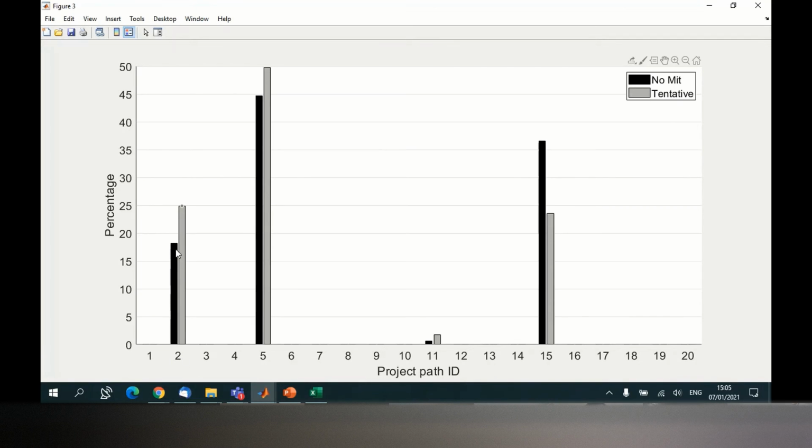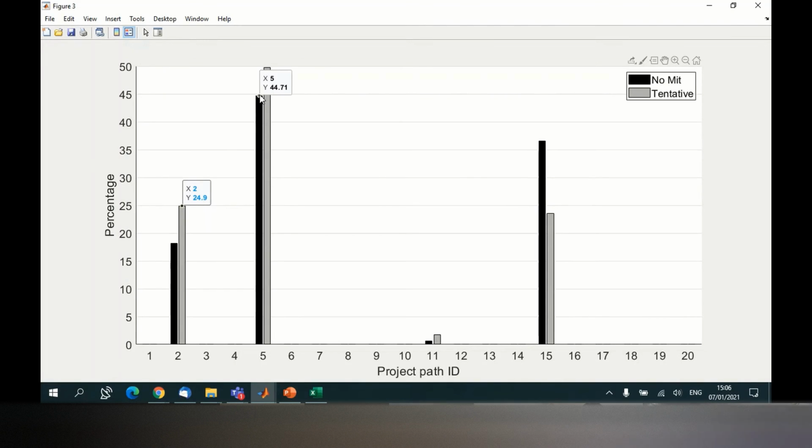Number 2 was critical in, well, 18% of times without mitigation. With mitigation it was critical in 25% of times. So path number 5 was the most critical path because it happened to be critical 50% of the time with mitigation, because we have two different cases.